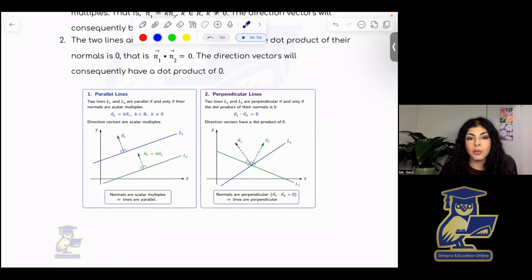And again, because we're working with vectors, we can easily find that using the product of their components and then adding them all together. And so we can also conclude that the direction vectors will also have a dot product of 0.